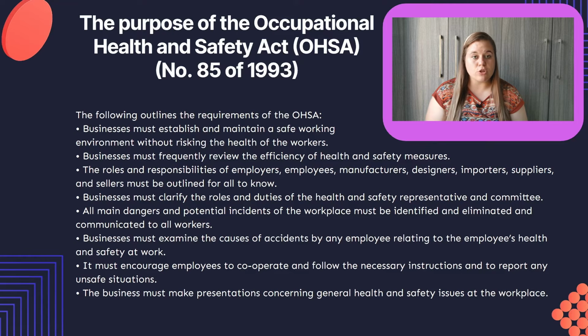Businesses must examine the causes of accidents by any employee relating to the employee's health and safety at work. It must encourage employees to cooperate and follow the necessary instructions and to report any unsafe situations. The business must take presentations concerning general health and safety issues at the workplace.